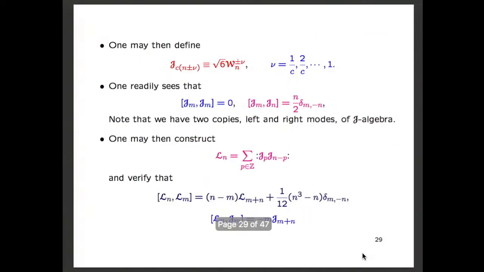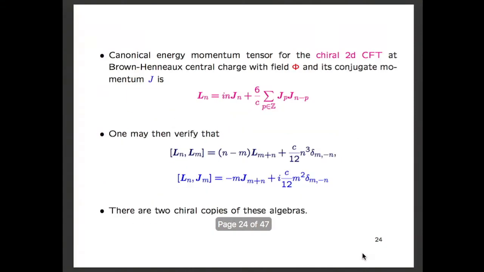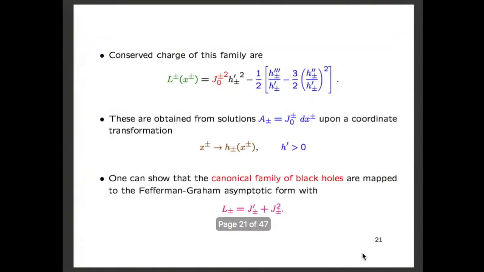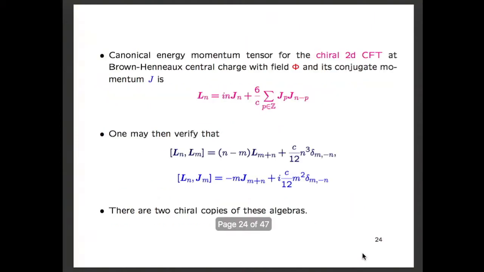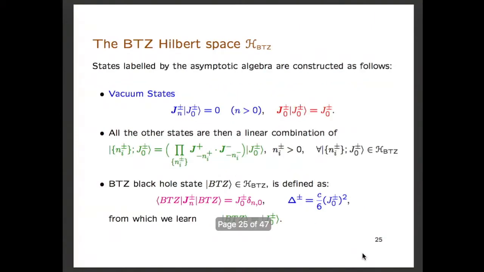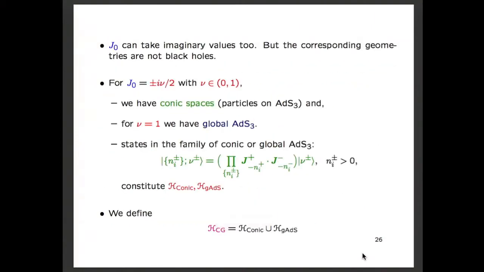So let me summarize. What I had was the algebra of the straight J's, where J naught could be real or imaginary. For the real case, I have the Hilbert space of BTZ black holes constructed out of this algebra. For the imaginary one, I have two different descriptions.